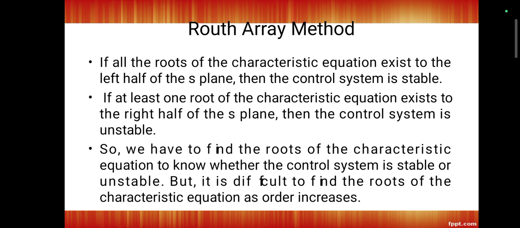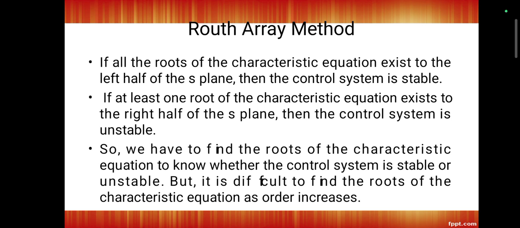And we have to consider, in RH method, if the roots of the characteristic equation exist in the left half of the S-plane, then the control system is stable. If at least one of the roots of the characteristic equation exists in the right half of the S-plane, then the control system is unstable.